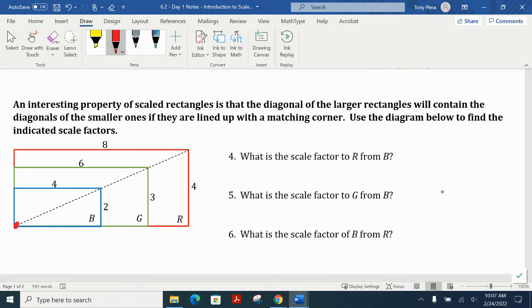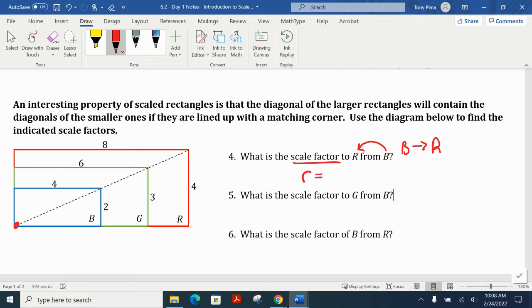Number 4, I want you to find the scale factor. The scale factor is the ratio that we would multiply by to go from one rectangle to the next. What we want to do in this one, we want to start at B and end up at R.